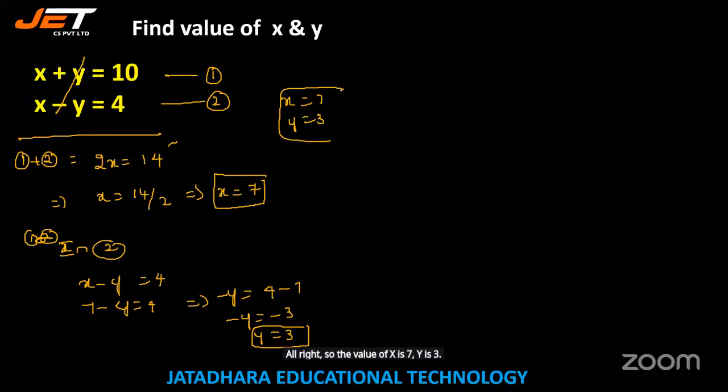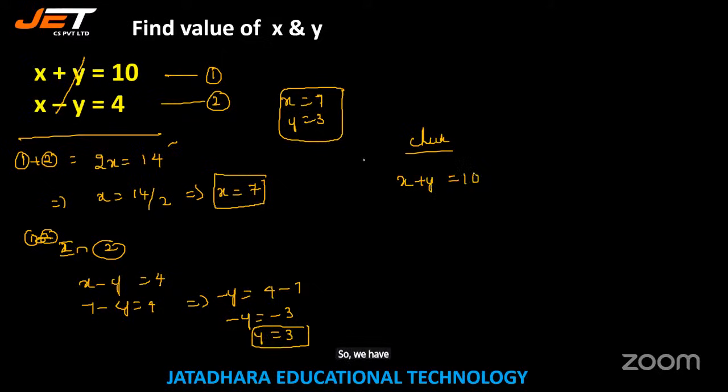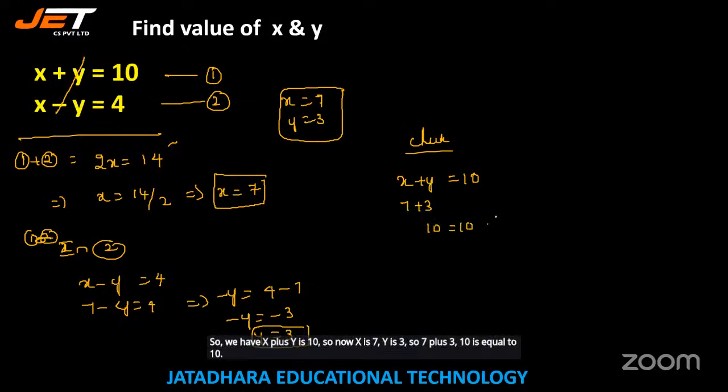Now you can definitely do the checking. Just put these two values in any one of the equations. We have x plus y is 10. Now x is 7, y is 3, so 7 plus 3, 10 is equal to 10.